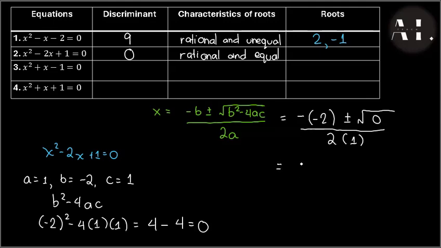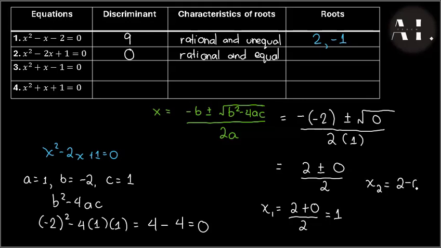Further simplifying, we will get the negative of negative 2 is positive 2, and the square root of 0 is still 0, so the two roots will be written as 2 plus 0 over 2 for the first root, which is equal to 1, and the second root will be 2 minus 0 divided by 2, which is still equal to 1.